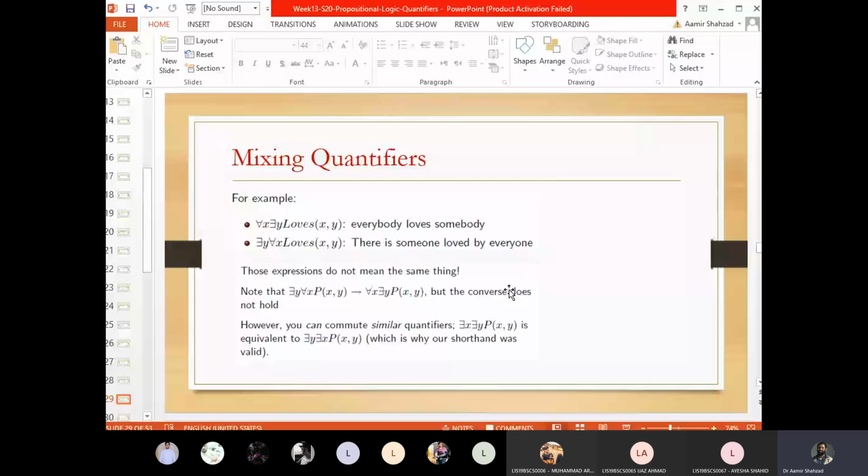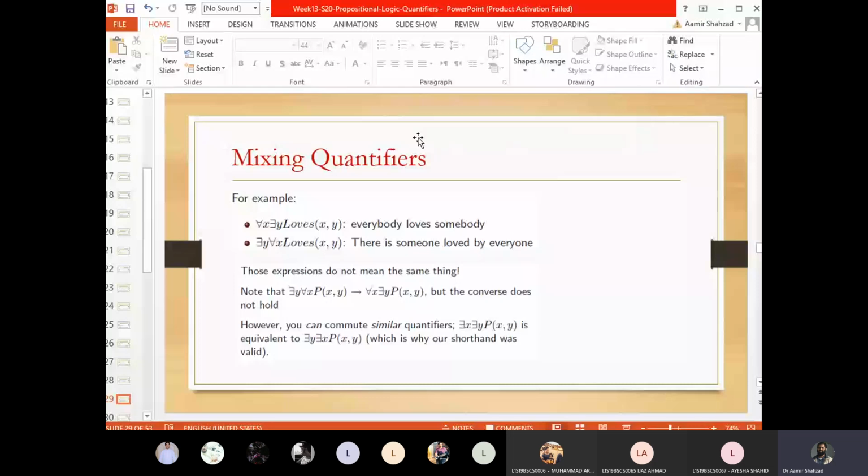In simple expression, we can say everybody loves somebody. लेकिन अगर हम quantifiers का role इनको आगे पीछे कर दें, there is someone Y for all X, loves XY. So there is someone who is loved by everyone. Everyone loves someone, and there is someone who is loved by everyone. So इन दोनों का meaning totally change हो जाता है.